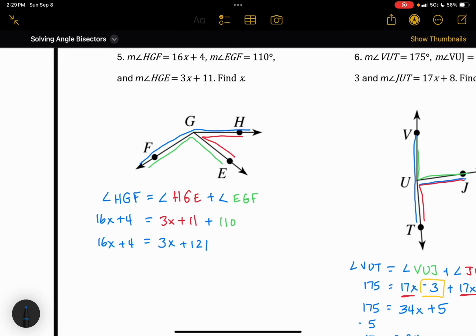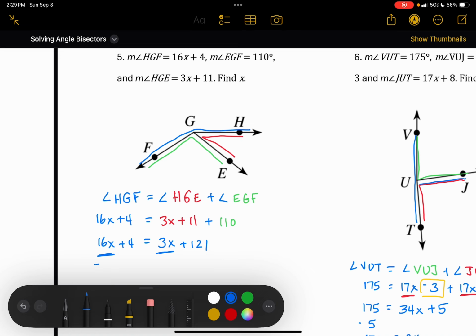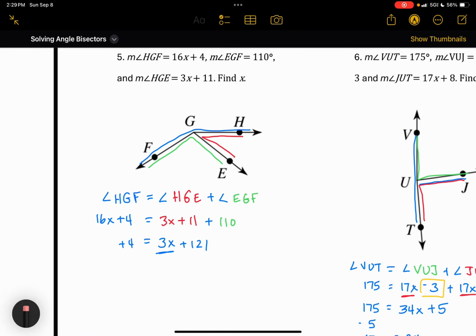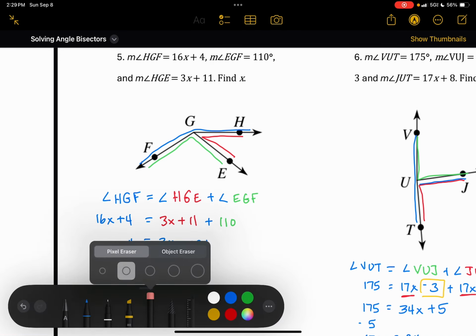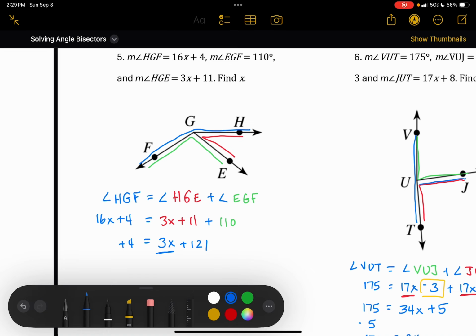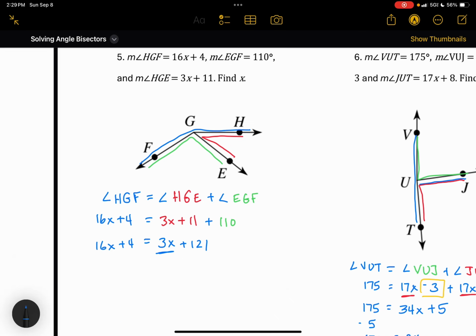I need to combine like terms, so this is a like term to that. The 3x is positive. When I move it, it becomes negative, so this is minus 3x. This is 16x. We're going to minus 3x from that, so that gives me 13x plus 4 on the left. I still have the 121 on the right.